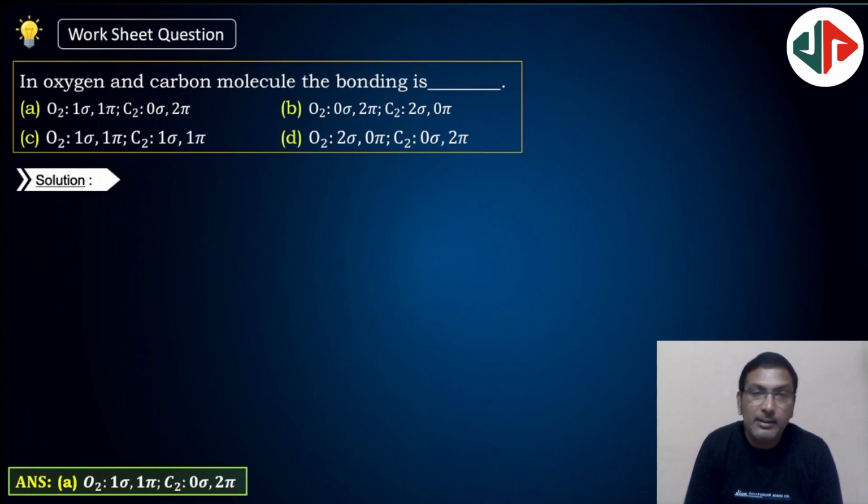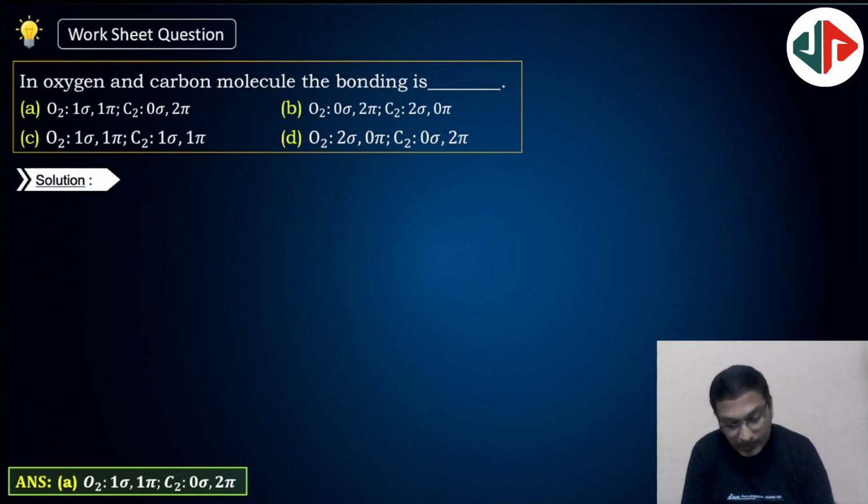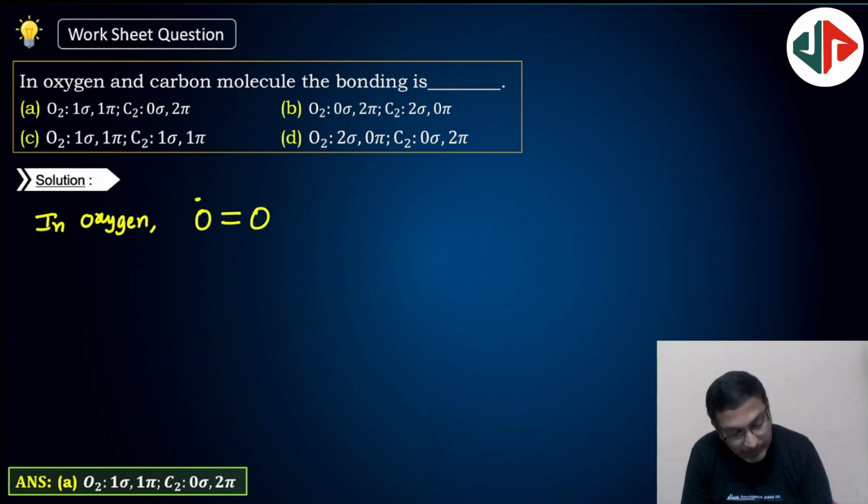In oxygen and carbon, the bonding is. So we know in oxygen, O double bond O is present, two pairs. Here one is sigma and other one is pi. Therefore one sigma and one pi bond is present.